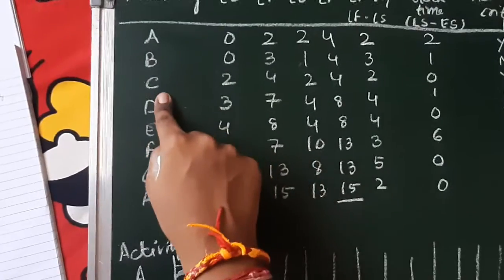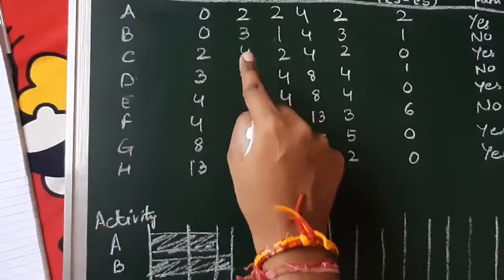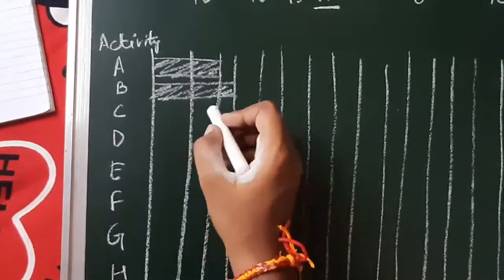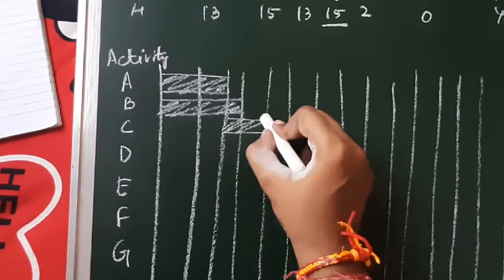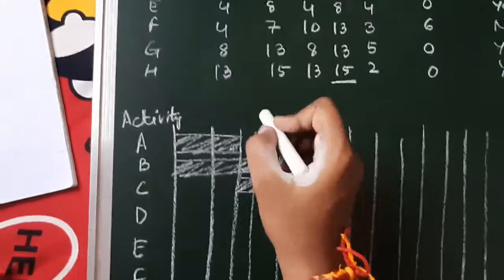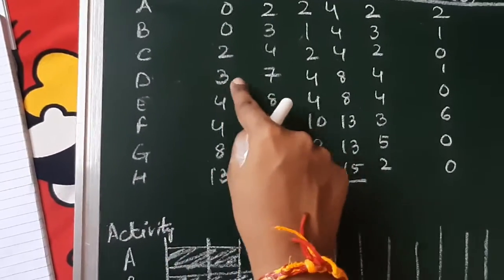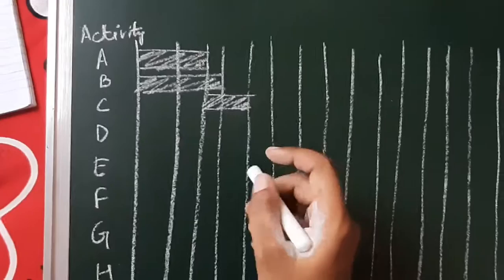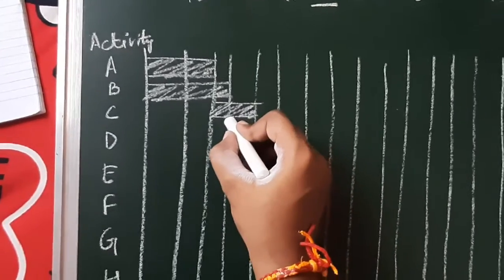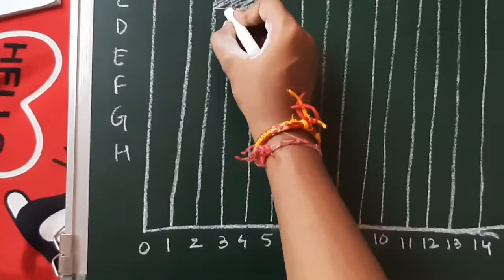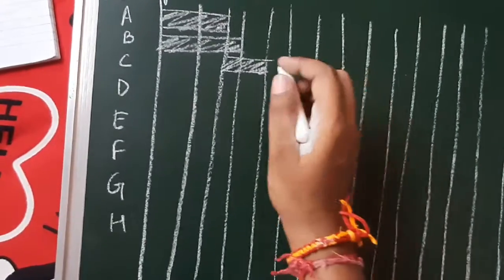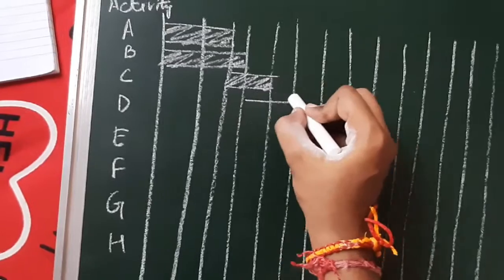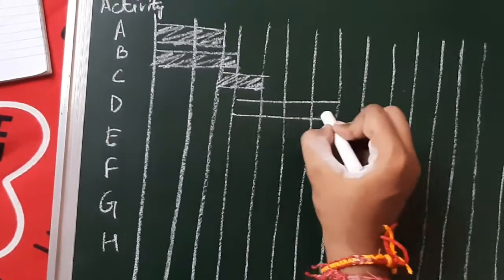Now for our C, it is 2 to 4. So it will be drawn like this. For our D, it is 3 to 7. So this is our 3 and this is our 7. So we will draw 3 to 7.